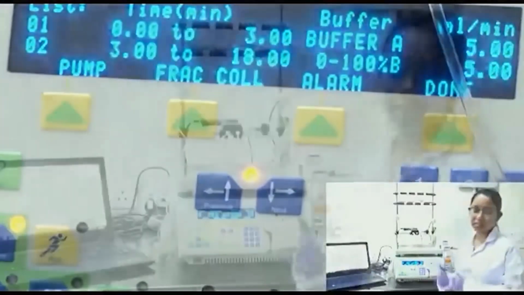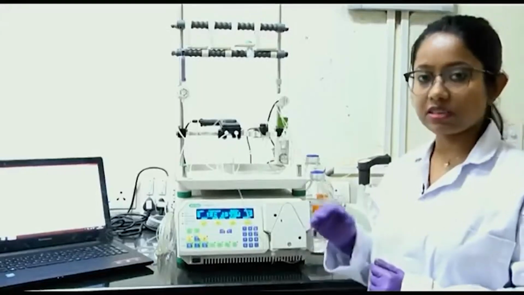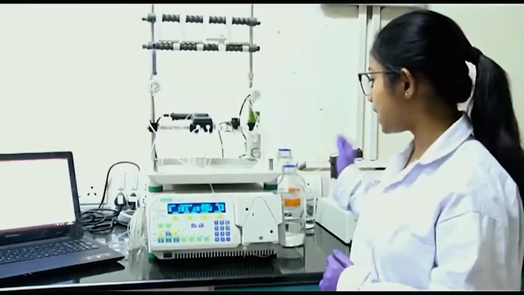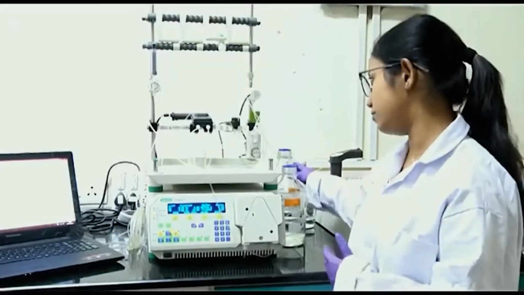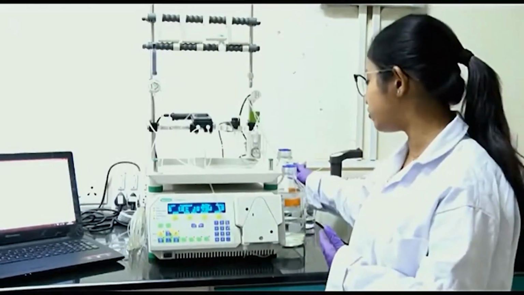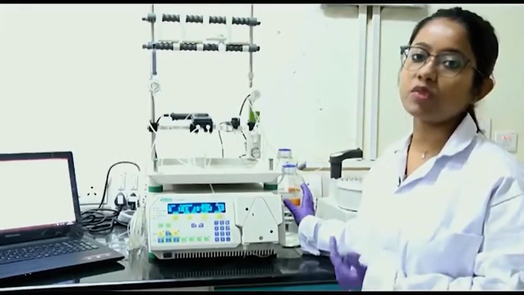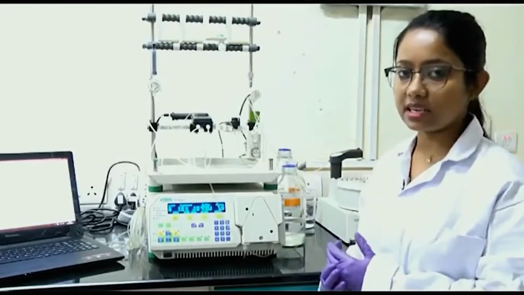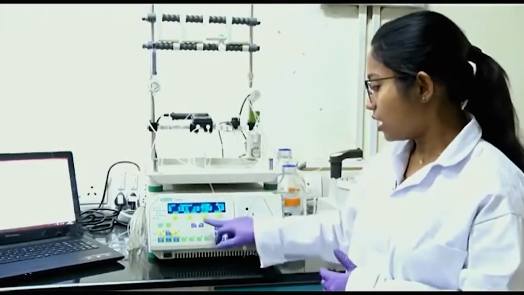So, what does 0 to 100% mean? Basically, it will make a constant gradient from 0 to 100% of buffer B. Suppose for 1%, it will take 99 ml of buffer A and mix it with 1 ml of buffer B. That means 1% of buffer B. It will make these gradients and then flow that buffer through my column.